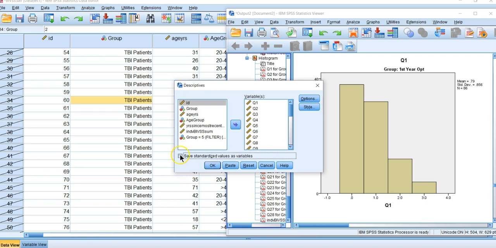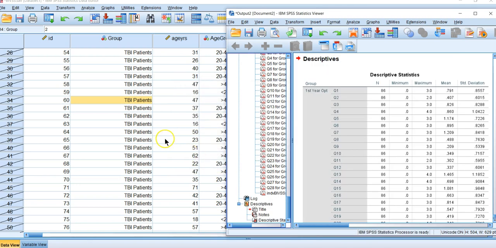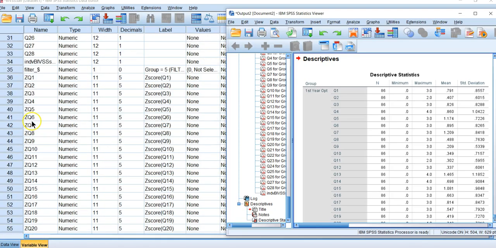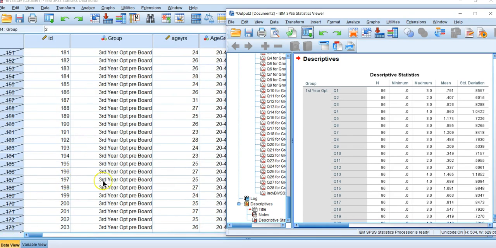we're going to click on this Save Standardized Values as Variables. So what that's going to do is it's going to go through and give us some new variable names, and they're all z-scores. So they're z-scores that correspond to each variable.